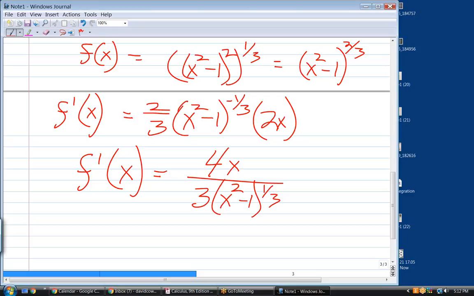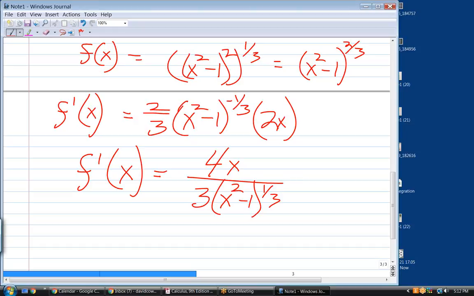It's asking for horizontal tangent lines, and then later on vertical tangent. What makes for a horizontal tangent line? The first derivative is 0, right?